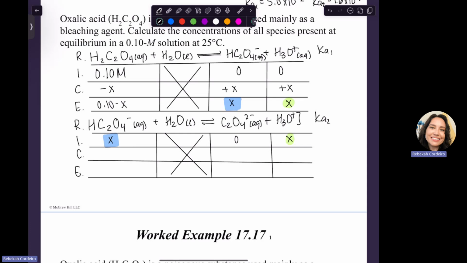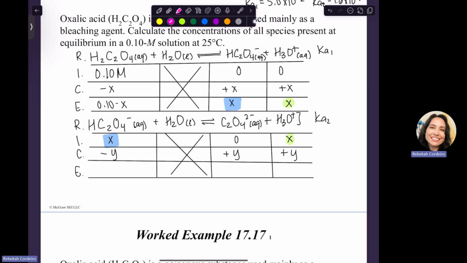We still have to go to the right. So I'm just gonna say y. So what are our equilibrium concentrations of everything? Well, at equilibrium, we would have however much of this is in equilibrium.